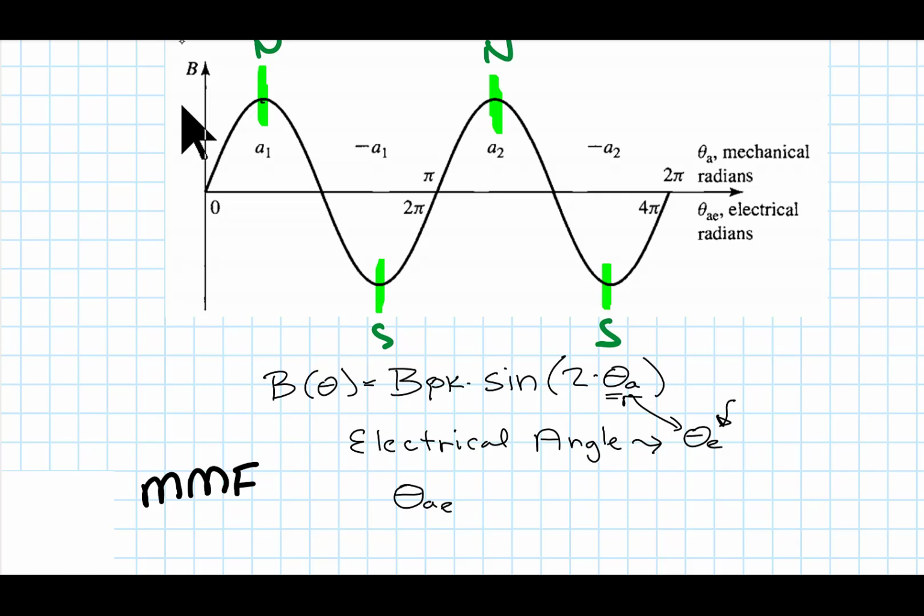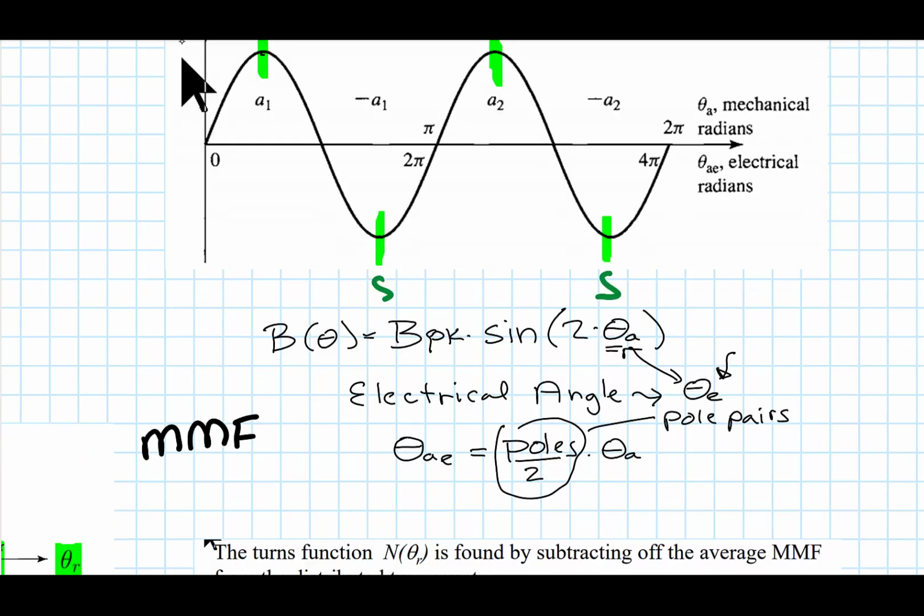But we have a theta A electrical equal to the number of poles divided by 2 times the physical position. So this term right here is referred to as pole pairs. Since we have 4 poles, then the pole pairs is 2.